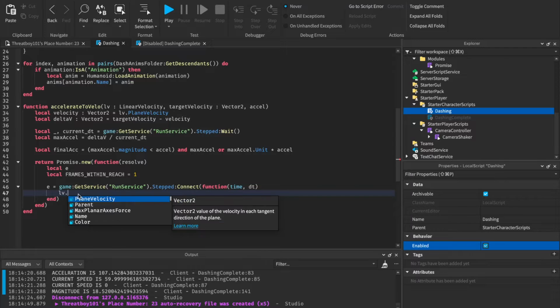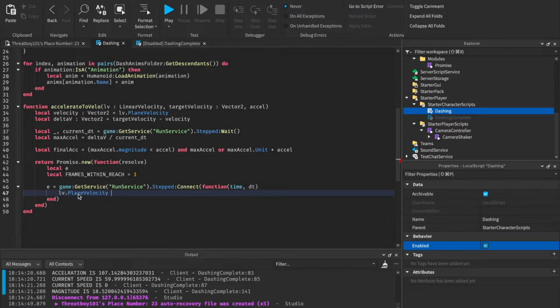And so we're going to modify our current velocity. Remember, we want to accelerate it. So we're going to take our current velocity and add final acceleration times dt.